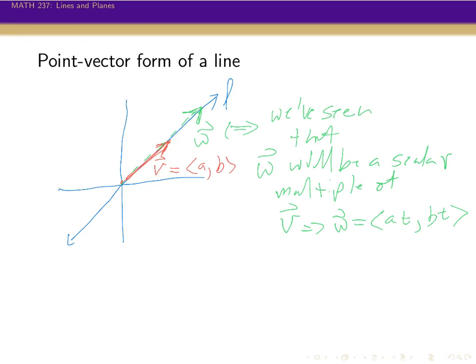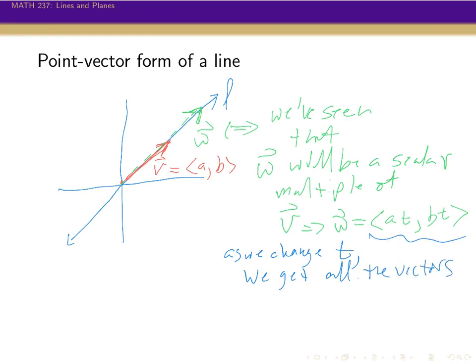for some t, right? And actually, as we change this t and we just look at at comma bt, this is actually going to give us all the vectors on this line. So from at comma bt, as we change t, we get all the vectors that lie on the line.